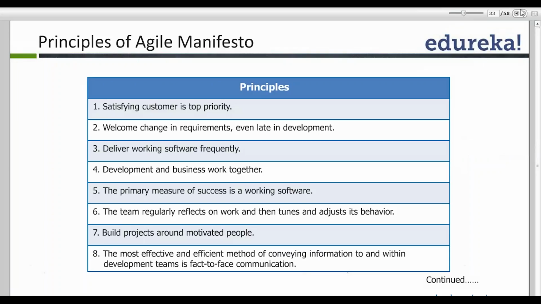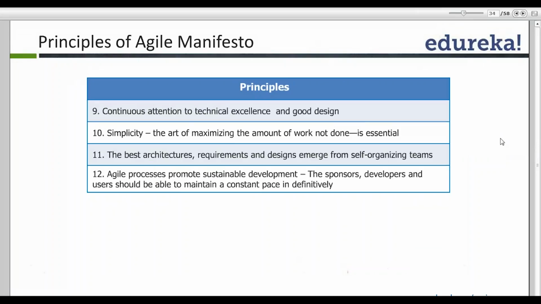The remaining 4 principles are on the next slide. Principle 9 says continuous attention to technical excellence and good design practices. So our focus as an agile team should be on continuous attention to technical excellence and good design. Then we talk about simplicity, which says keeping things as simple as possible.